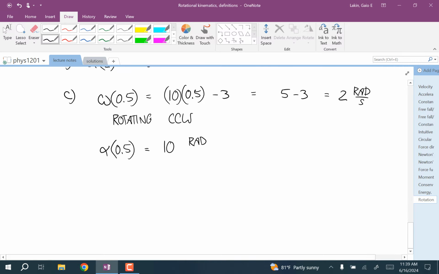So angular acceleration at 0.5 seconds is 10 radians per second squared. That's positive. So we know that the angular acceleration is counterclockwise. And so now omega and alpha at 0.5 seconds are both positive. And so that means that the rotations are speeding up.